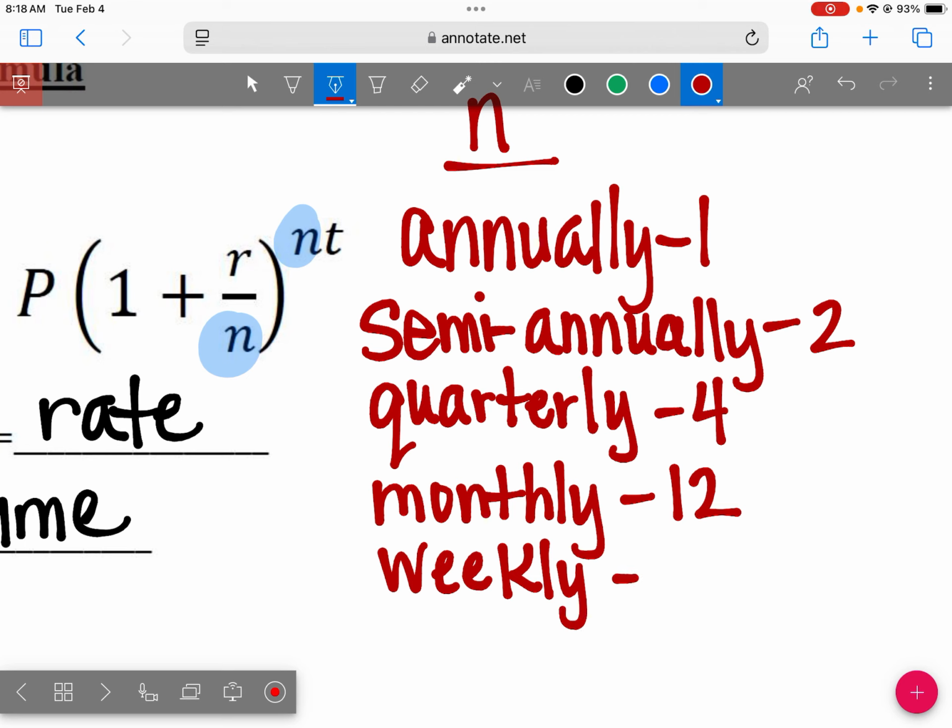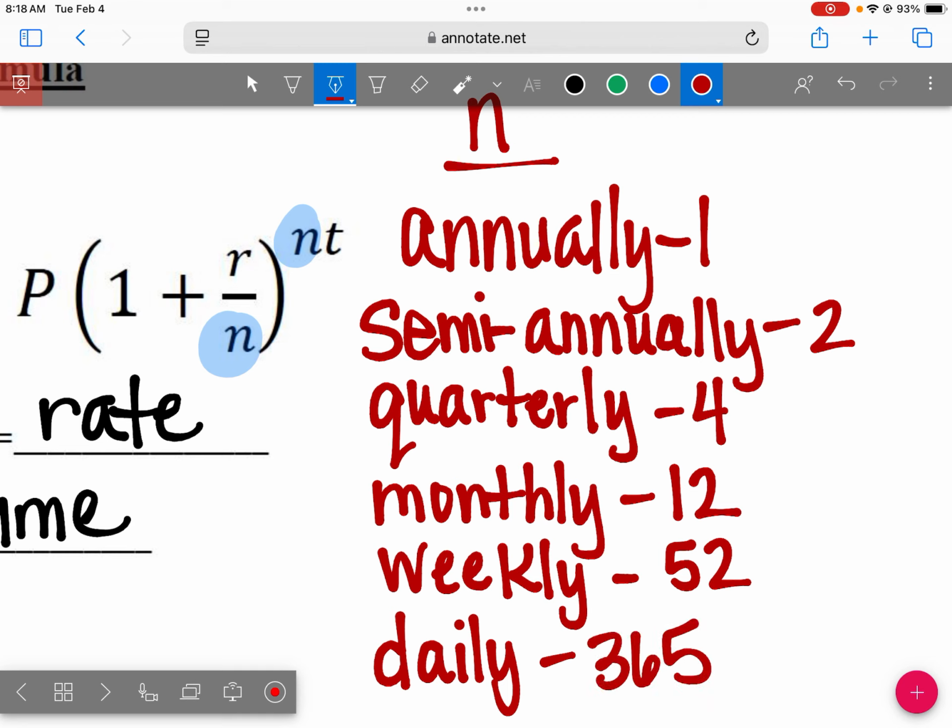Does anybody know how many weeks are in a year? 52 weeks. And lastly, daily. Does anyone know how many days are in a year? 365. So these are the possible numbers that we're going to use as we practice working with this new formula.